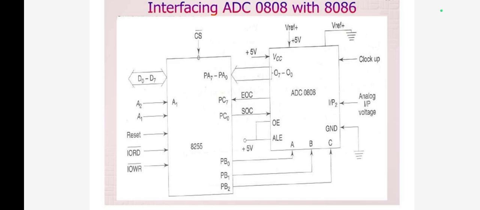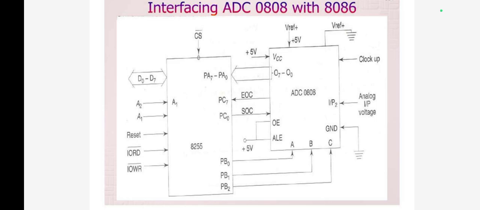Here the conversion delay is the term used to define the time taken by the converter to calculate the equivalent data output from the instant of the start of conversion. You can see reset, input output read, input output write, A1 A2 address lines, D0 to D7 data lines, and port A PA0 to PA7, port B PB0 to PB2, and port C PC0 to PC7.